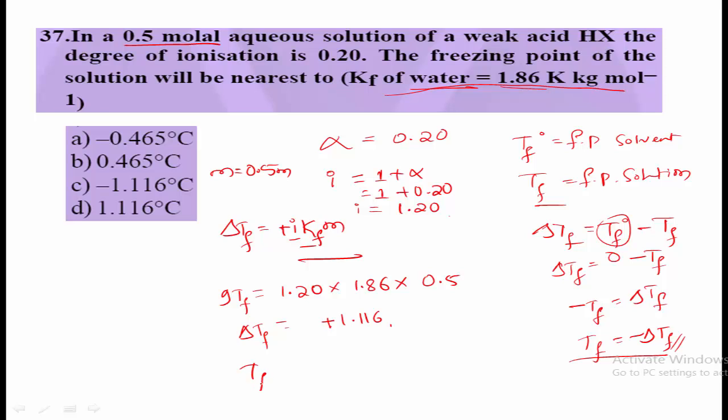Tf is equal to minus delta Tf, and delta Tf is plus 1.116. Minus delta Tf means minus 1.116 degrees Celsius. So the freezing point of the solution will be nearest to minus 1.116 degrees Celsius. That is option C, the right answer.